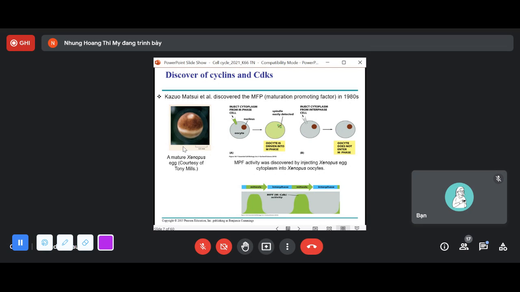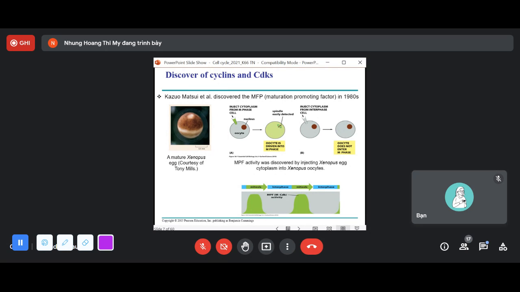As last week, I already showed you one video clip representing the cell division in early development. So you can see the cell cycle is very short and they must repeat the S and M phase without the G1 and G2 phase.